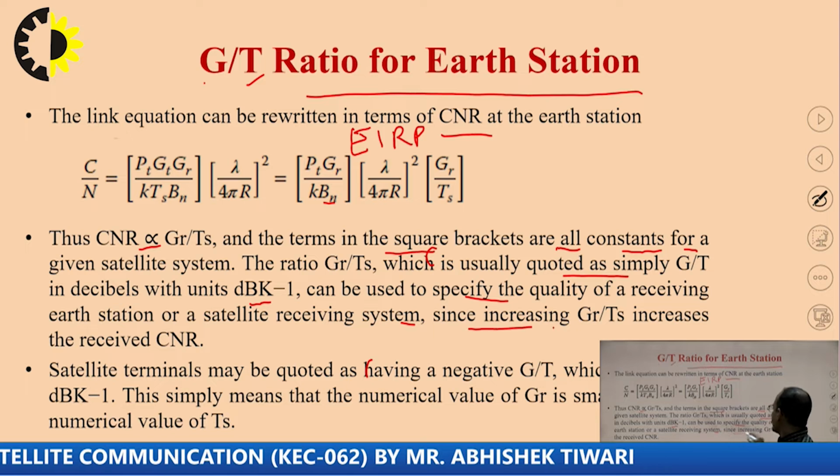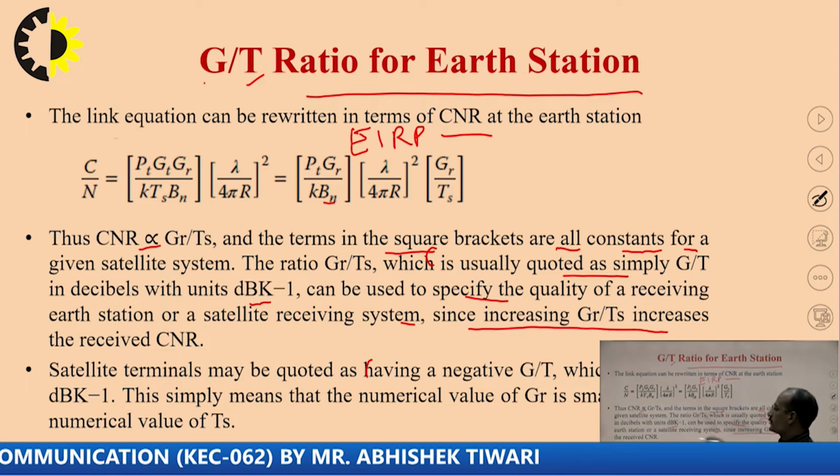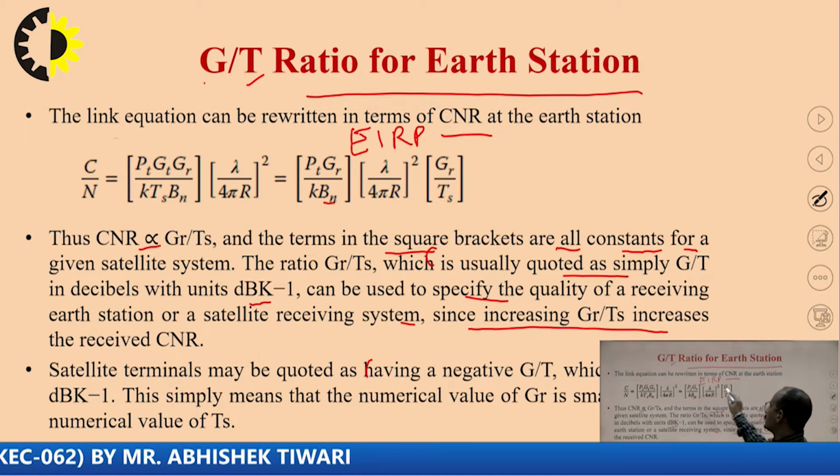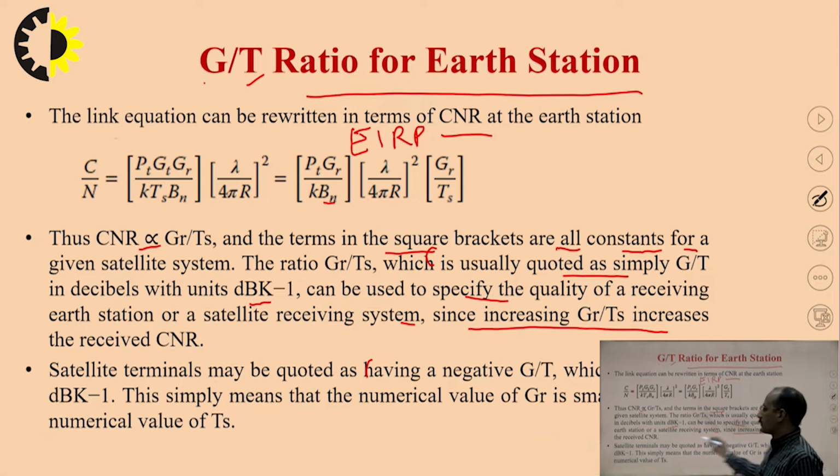Increasing G by T increases the received CNR. This shows the relationship between the G by T ratio and the CNR: if the G by T ratio increases, then the received CNR will also increase.